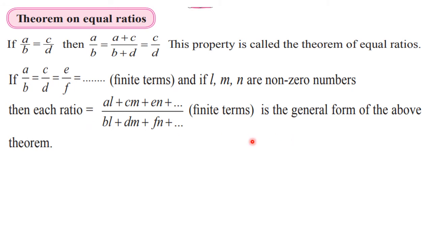So it is a general form of the ratio that if we have such n number of ratios, then each ratio is equal to this sum of numerators in numerator and sum of denominators in denominator.